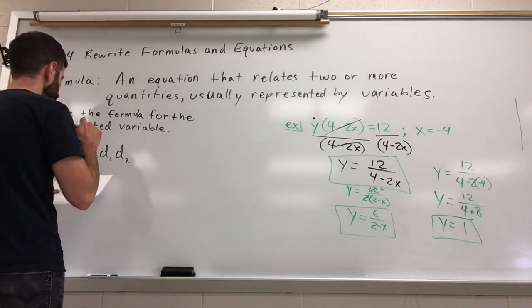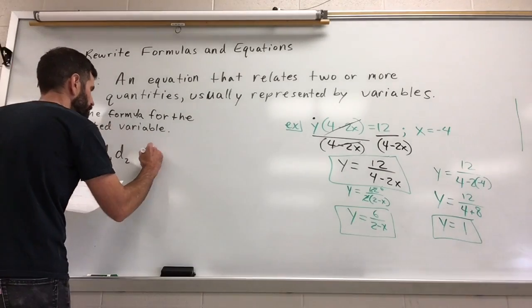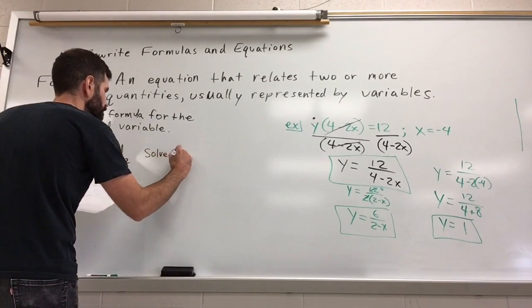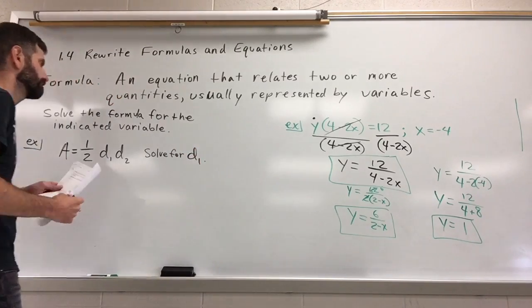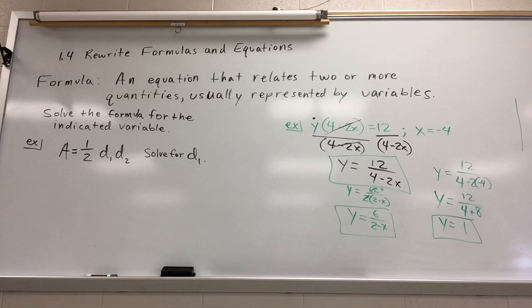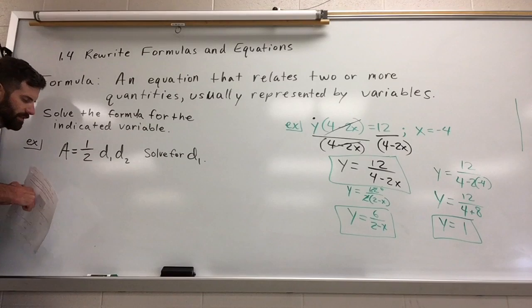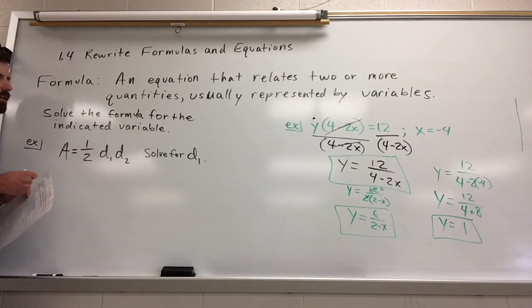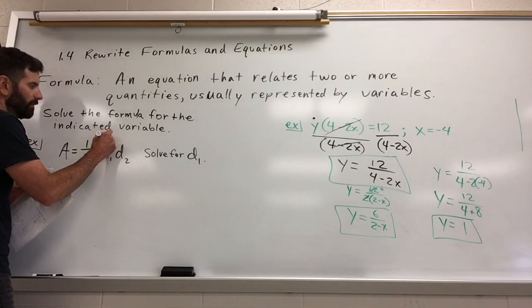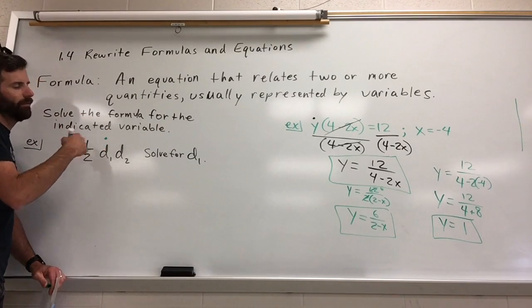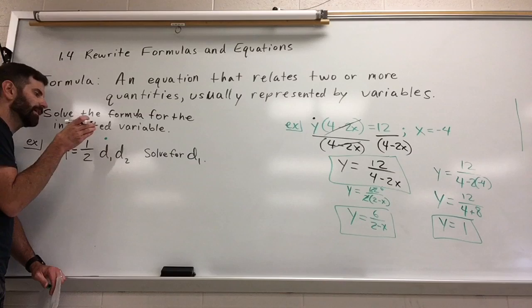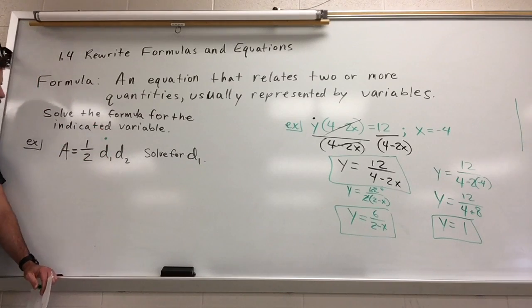And we're asked to solve for D1, diagonal 1. Well, again, since we're asked to solve for diagonal 1, I would suggest putting a dot above diagonal 1 there. And we have to think about undoing everything that's going on this side so that we can isolate or solve for D1.